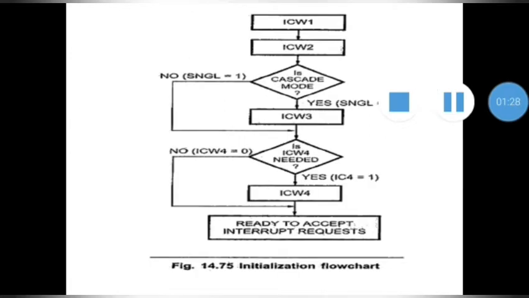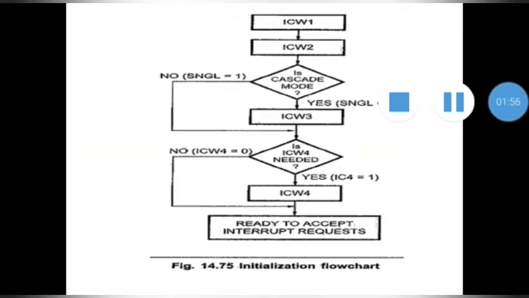This is the initialization flowchart for the 8259, in which ICW1 and ICW2 are compulsory, and ICW3 and ICW4 are optional. These 2 initialization command words will be selected on the basis of the mode of the processor.